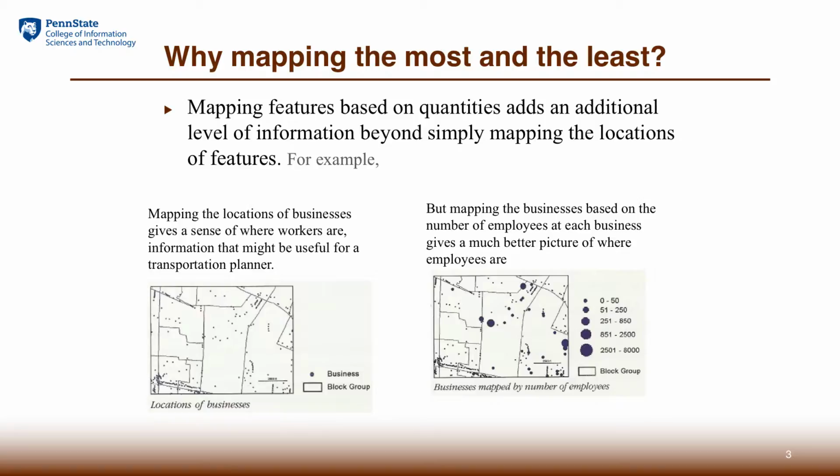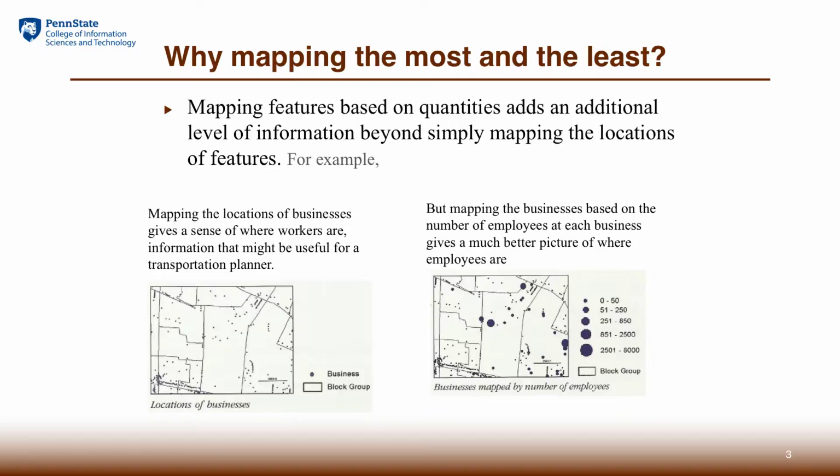For example, in this particular slide, we have a map on the left showing the location of businesses. This is sufficient to understand the relative location of businesses. However, if our interest is in serving the businesses with transportation infrastructure, for example, and we need to decide what the bus route is and what the relative frequency of buses will be, then we want to know the relative concentration of employees who have to travel along the street.